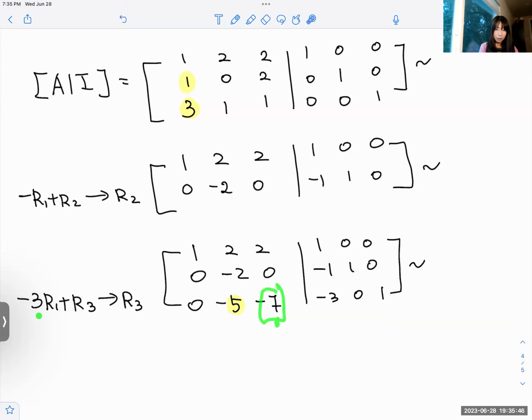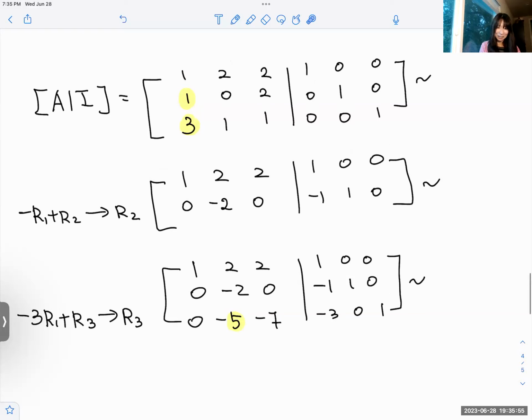Okay, let us do that. Oh, wait, what's going on here? 311, huh? Okay, all right. I think we're missing something here. Maybe that's why you get confused.